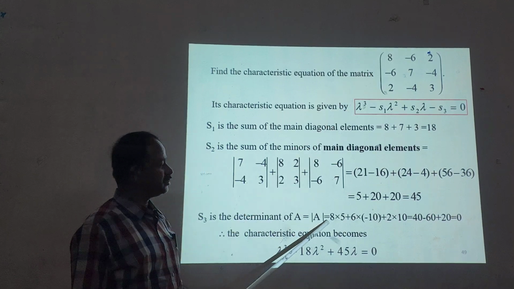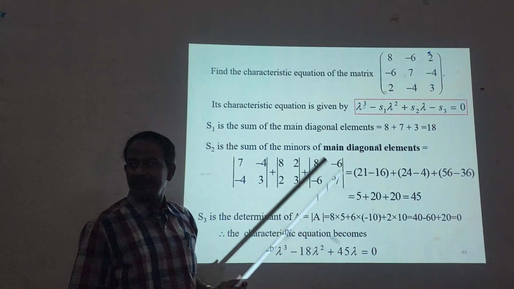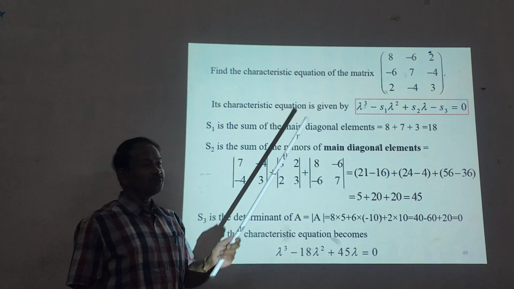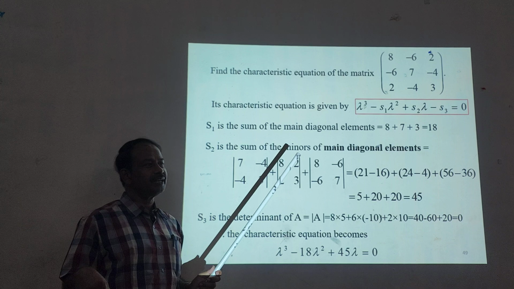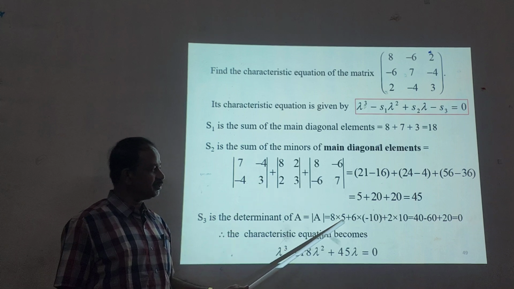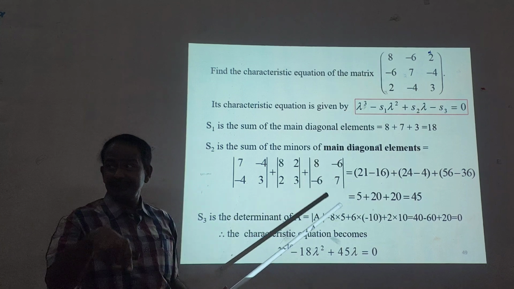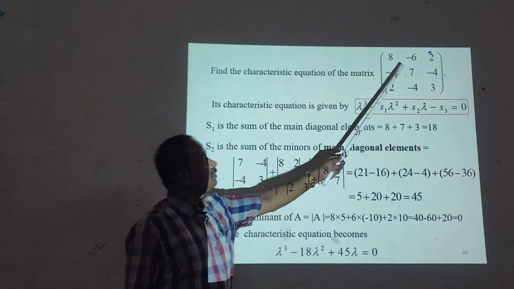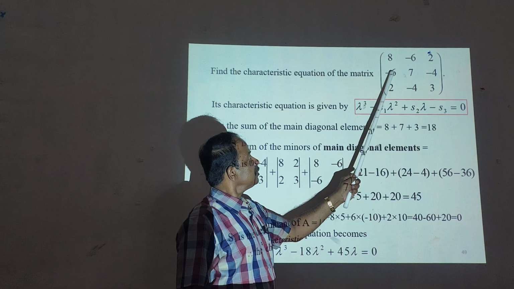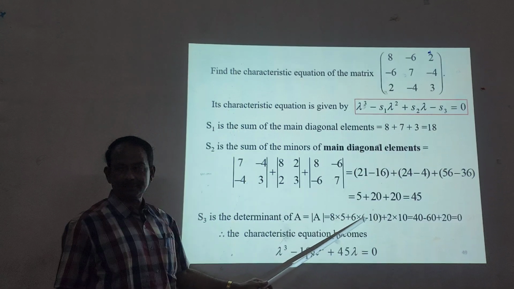So you have to first multiply with the 8, multiplied by 7 3s are 21, 4 4s are 16, minus minus plus, so minus is there. So 21 minus 16, so this is nothing but 5. Is it okay? The next one will be minus 6, already your minus is there, so that will become plus 6, multiplied by, you will have to multiply this minus this and this, that will give you minus 10.